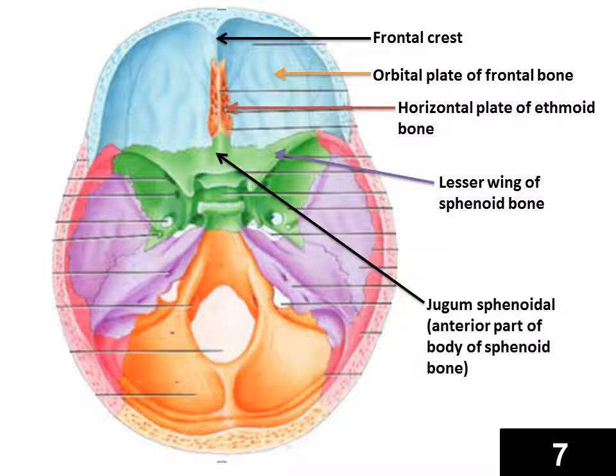Now, on each side of the crista galli أيضا there is a narrow slit for the passage of anterior ethmoidal nerve. أنا ما مبين لأن بس أكو slit صغير نحيف narrow on each side of the crista galli، هذا لمرور anterior ethmoidal nerve.